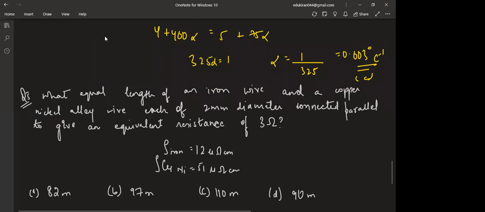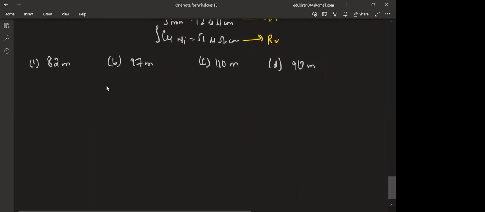So only Krishna's answer is correct. Rest of you must have committed some error. See, let's say iron wire's resistance is R1, and take this as R2. Now see what will be the resistivity. This is given as 12 micro ohm centimeters, that is 12 into 10 to the power minus 8 ohm meter.